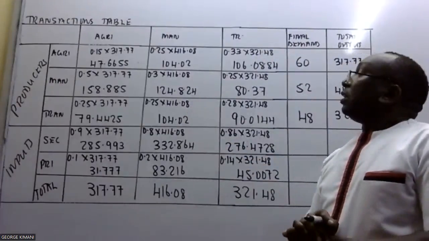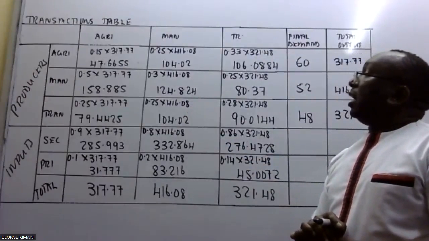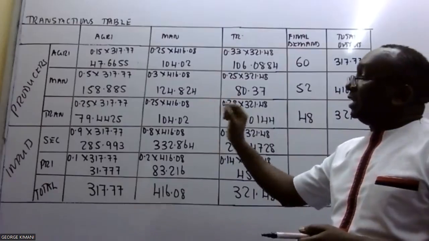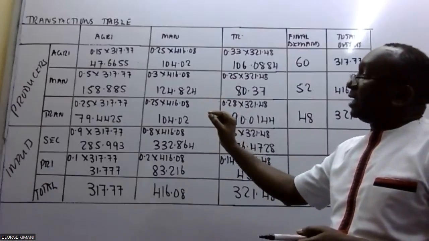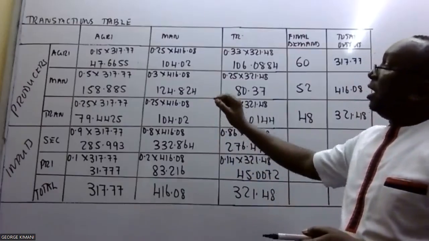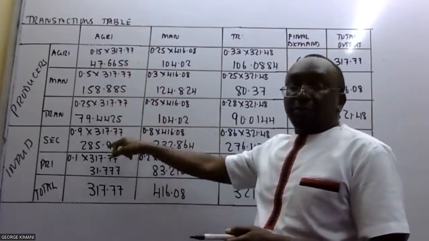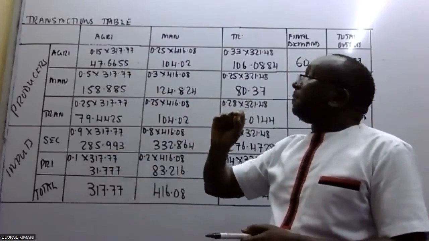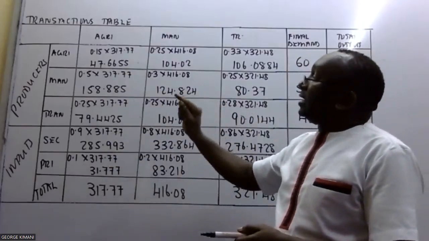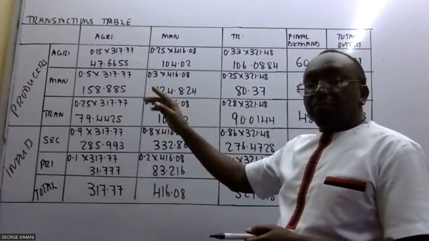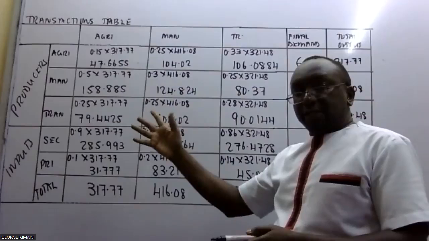Number one, we said this input-output is a study of the interdependence among sectors in terms of where a sector gets its input from and in what quantities, and how the output from a sector is used, by whom, and in what quantities.